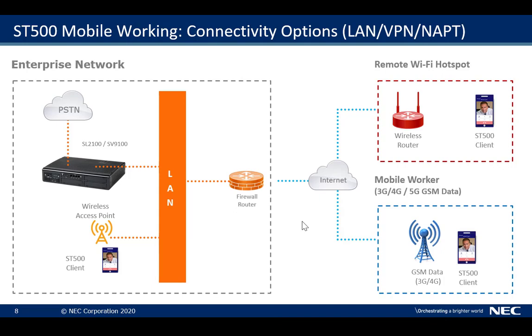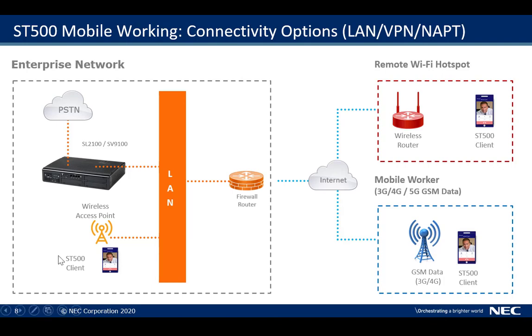And equally, if I'm using the ST500 at home or in a hotspot, in a Costa Coffee maybe, I'm connected over the internet into the telephone system. And yet again, just reiterating that fact that all the call data, all the calls that are made, if I'm having all the calls recorded, I'm going to get that from wherever I may well be.